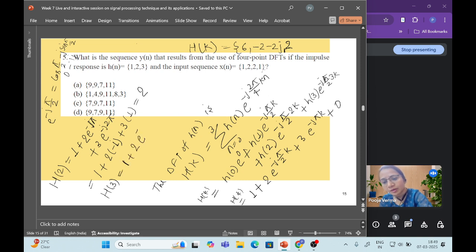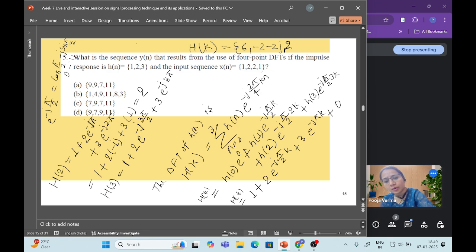Okay, so 2. Now similarly we have to calculate h of 3, so we will get 1 plus 2 e to the power minus 3 pi by 2, it is j, plus 3 e to the power minus j, so 3 is there, right? So 3 pi.